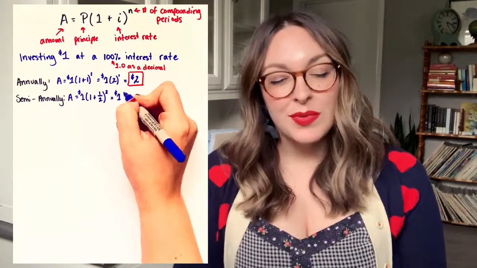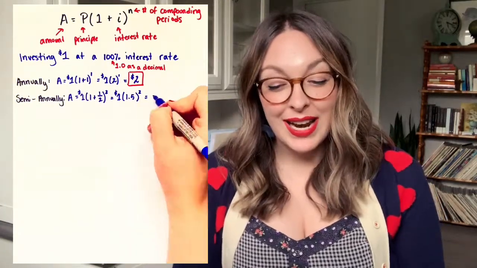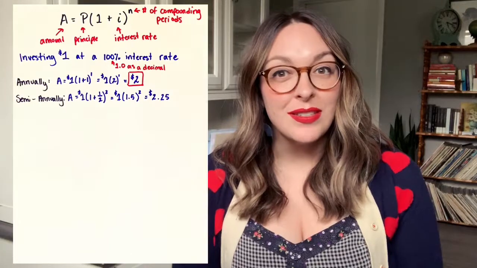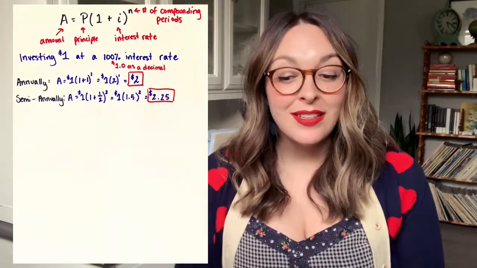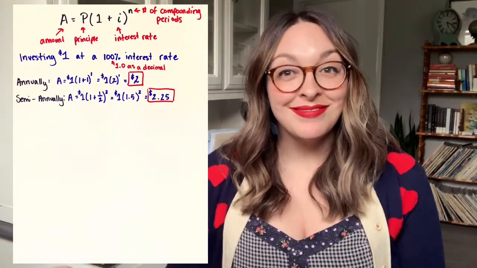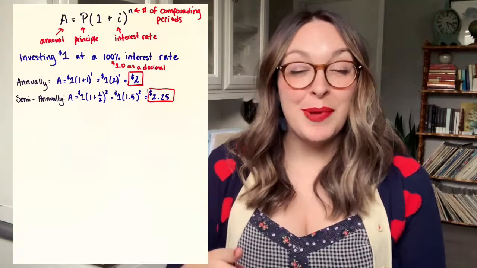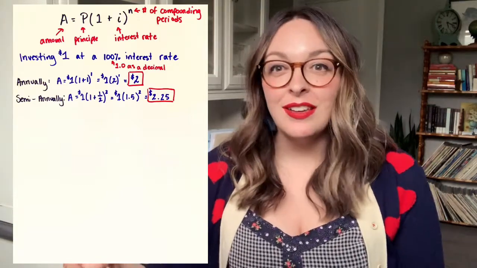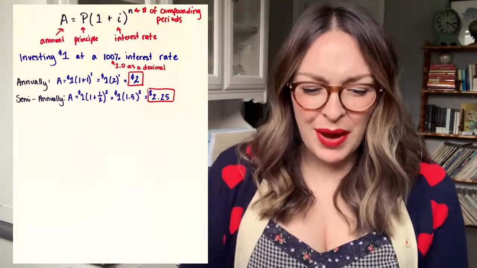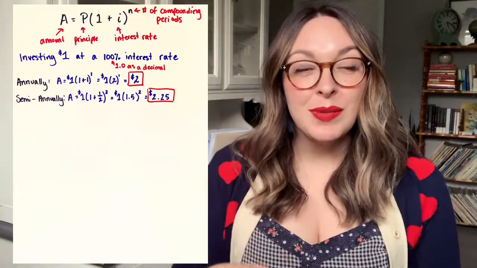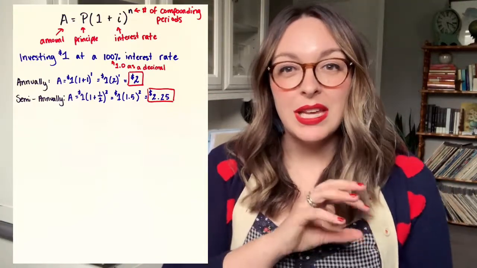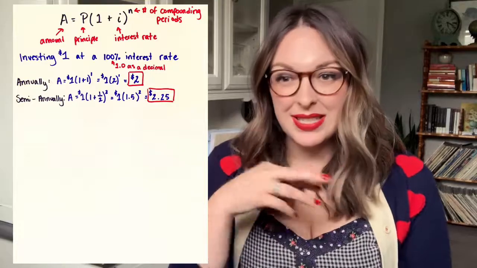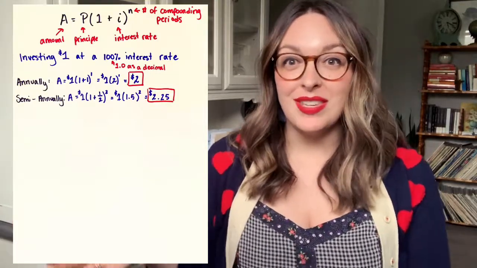We get 1 times 1.5 squared, and that actually gets you $2.25. So you get more money if we compound semi-annually versus annually. It's obviously better to compound something more often, even though the interest rate is technically smaller, because it's still adding up to 100% over the year.